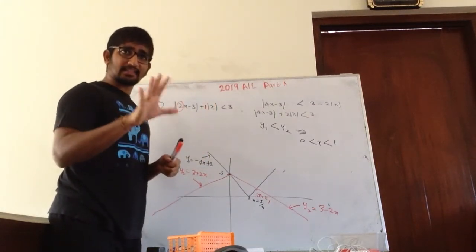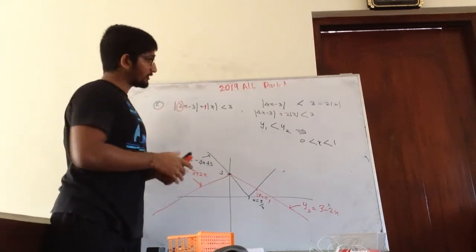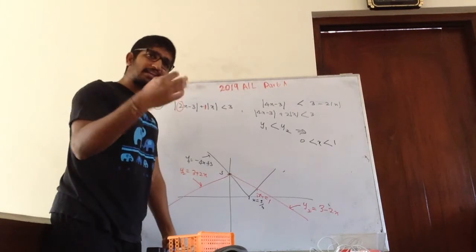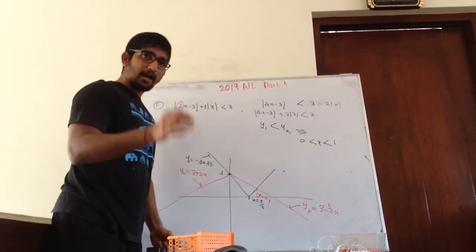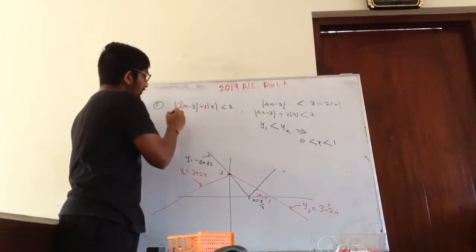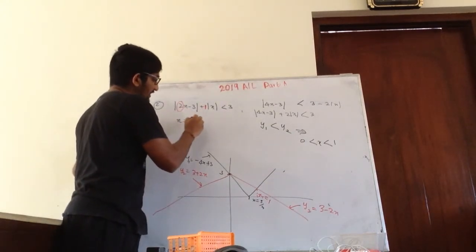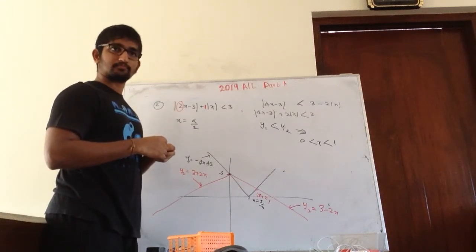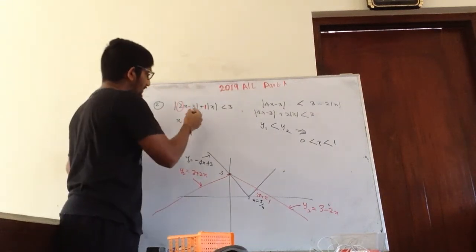So that is the change here. So what I am going to do is change the variable. I am going to put x equals alpha over 2.